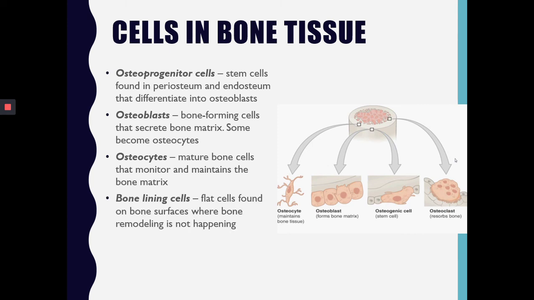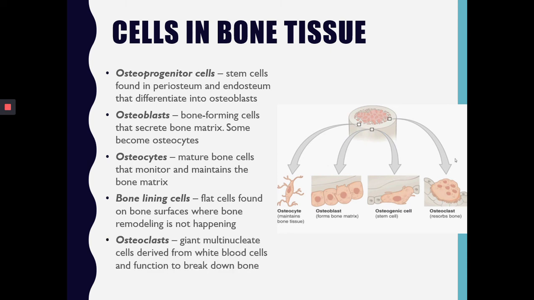You then have bone lining cells, which are flat cells, which again are found on bone surfaces where bone remodeling is not happening. Again, these are typically areas where our bone tissue is fully grown and not really going to be changing very much. You can see a little bit more about this in your book on page 181 as well. And then last but not least, you have the osteoclasts, which are really, really important cells that are sometimes needed to help break down bone tissue.